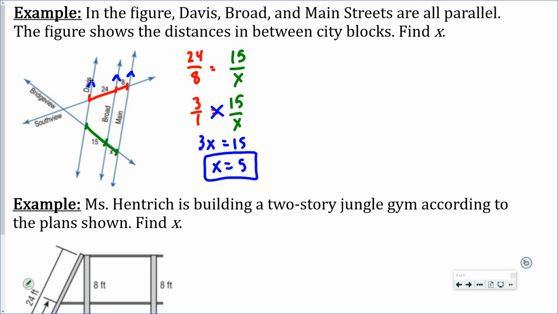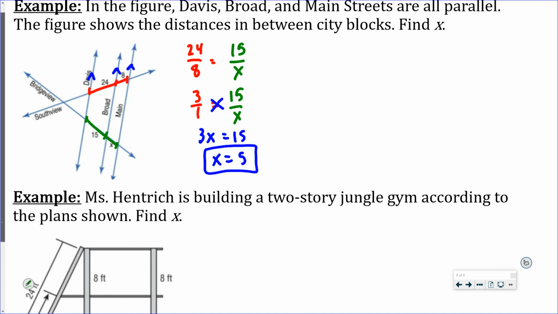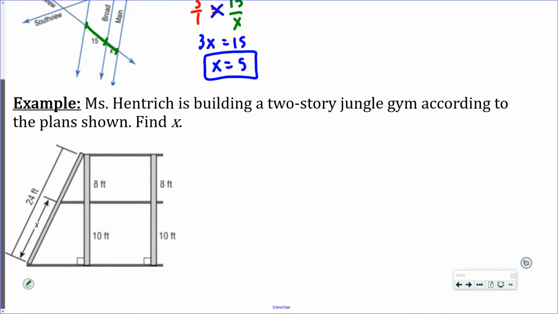All right. Let's try one that's a little more fun. Ms. Henchurch is building a 2-story jungle gym according to the plans shown. Find x. Oh boy. All right. So they're showing me these right angles. Because hopefully if I'm building a jungle gym, it's not off at an angle, right?